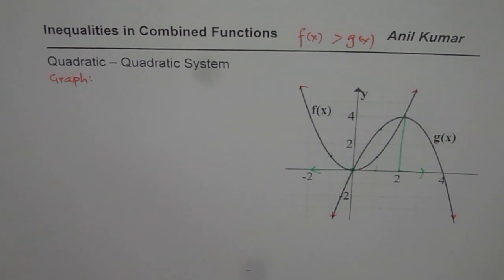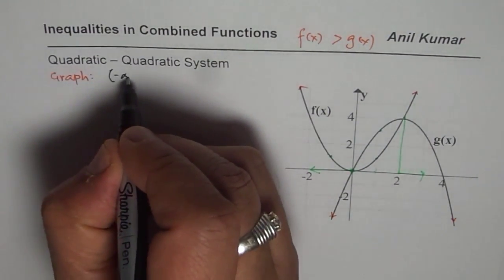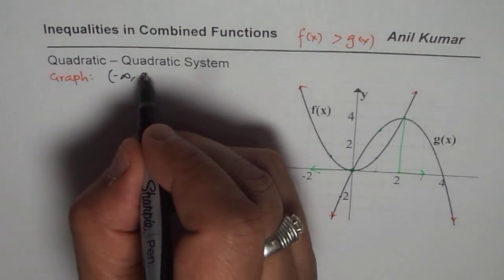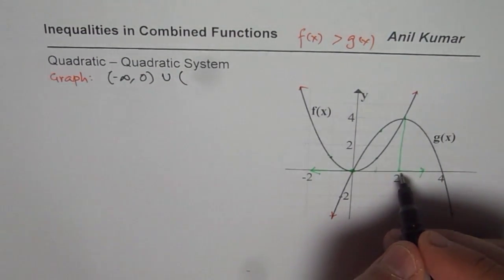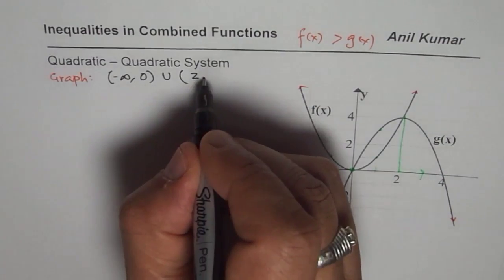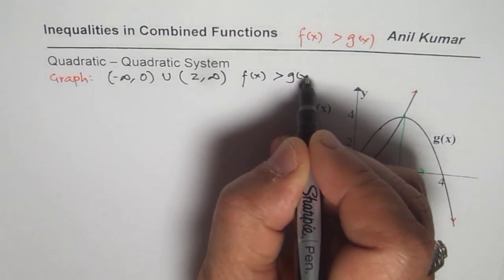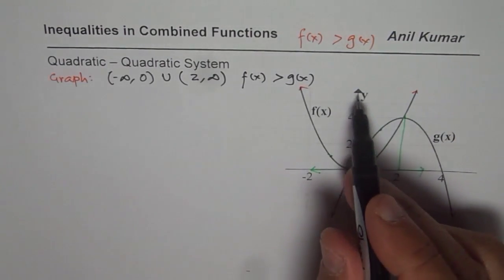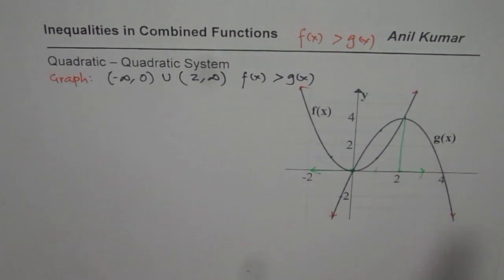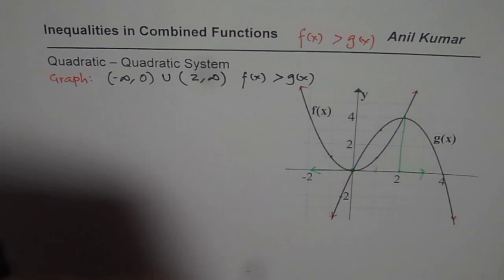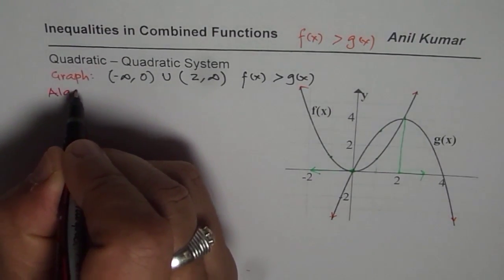And so we get two solutions for this question of f of x being greater than g of x: when x is between minus infinity and 0, or from 2 to infinity, f of x is greater than g of x. So graphically, by comparing the y values, you can easily find the solution, correct? So that's one method.